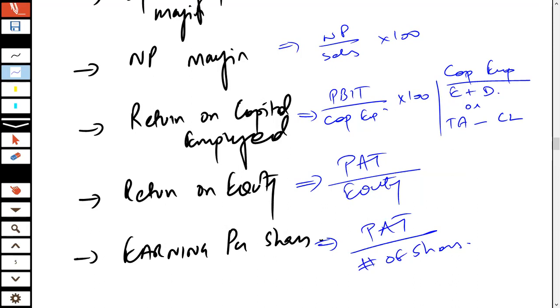Okay, for the return on capital employed, Coach Zanai, you have probably mentioned the formula for return on assets, because when you divide by total assets, it's a return on assets. It's not a return on capital employed then. So these are the different formulas that we use for the different types of profitability ratios.